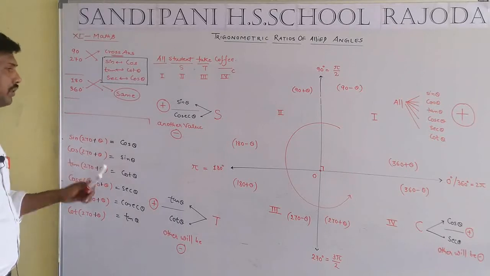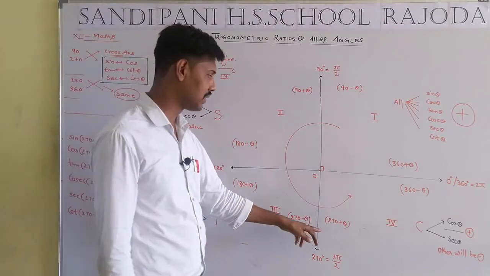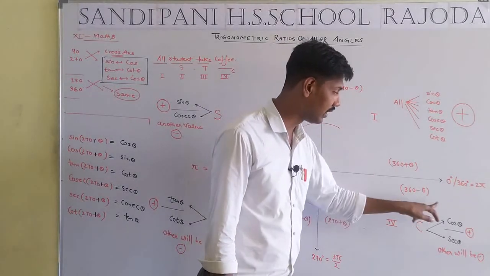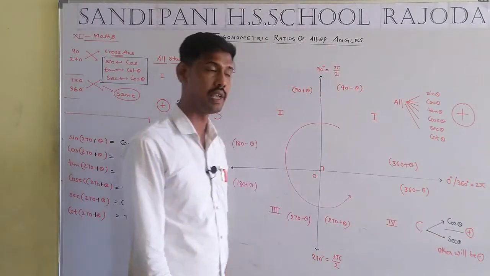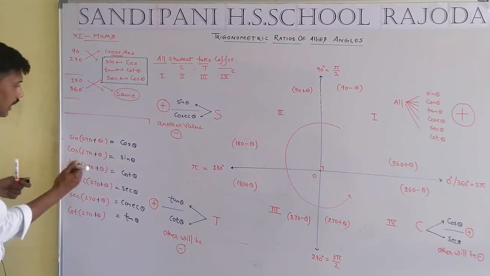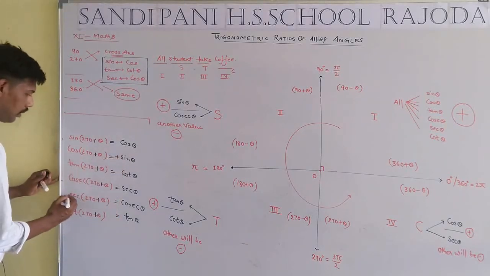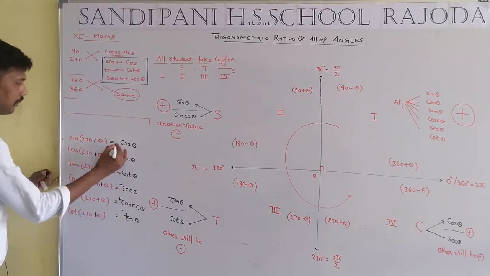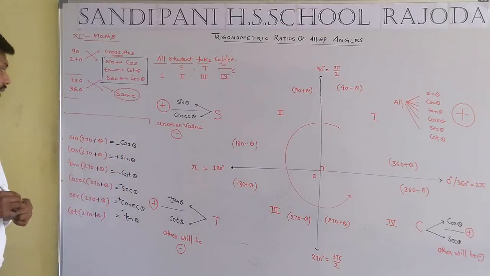Now 270 plus theta relates with the fourth quadrant. What is the proper message of the fourth quadrant? The answers of cos and sec are both positive, other answers will be negative. I hope you understand the 270 plus theta.